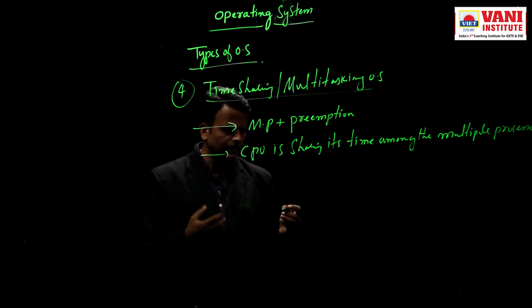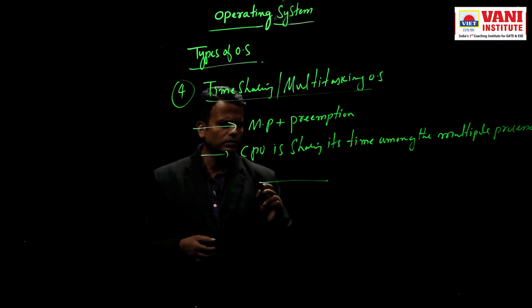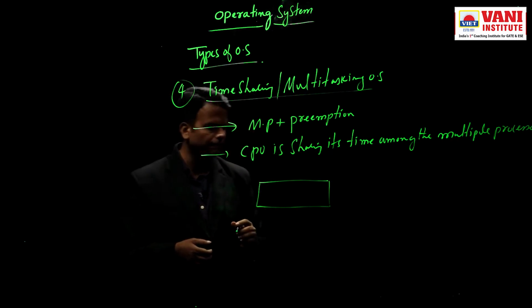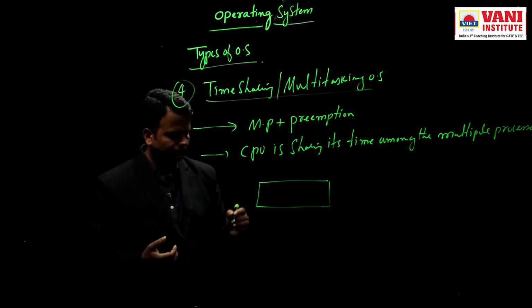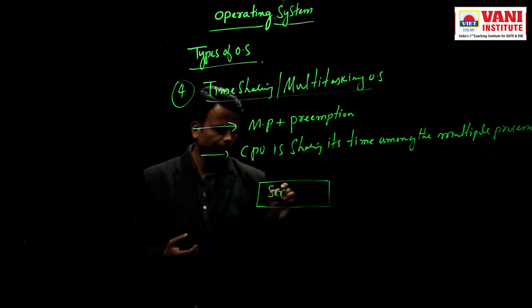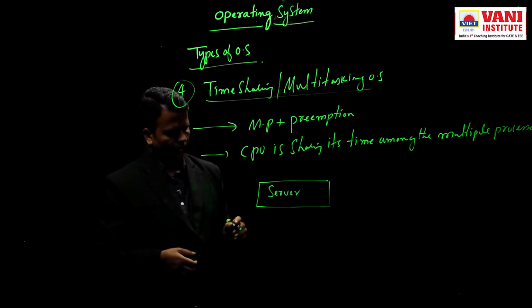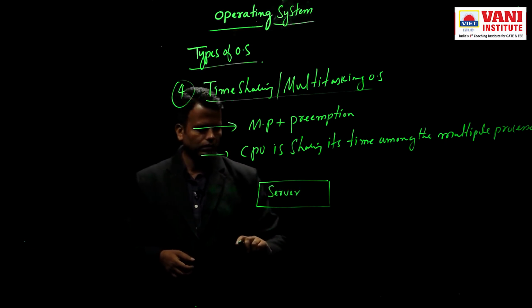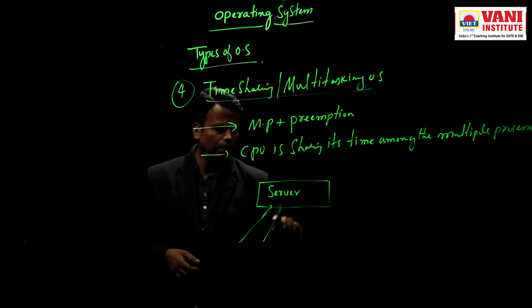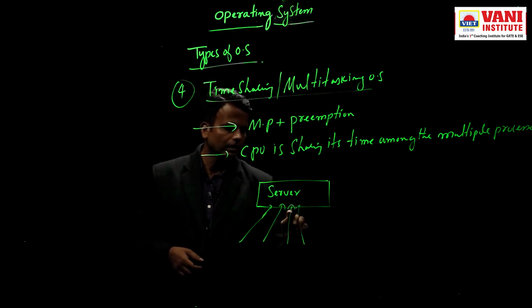Okay, so let us see. Suppose I want to take one example. This is a railway server and multiple users are submitting their requests.